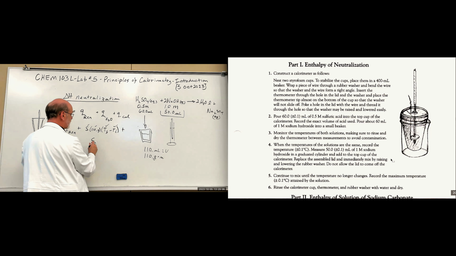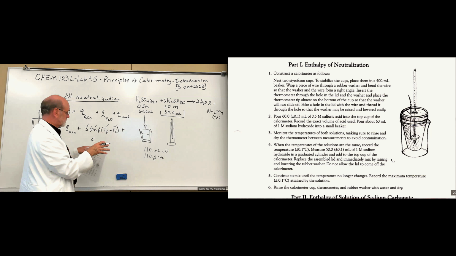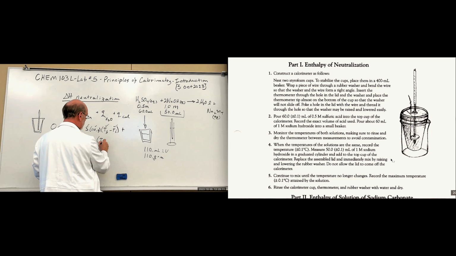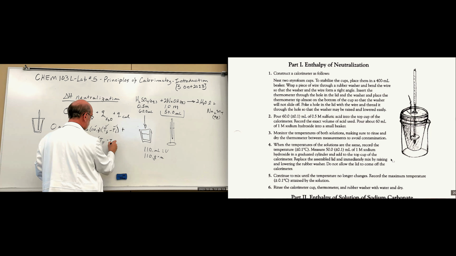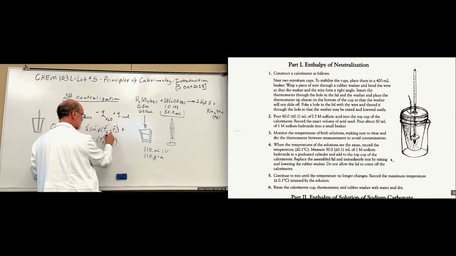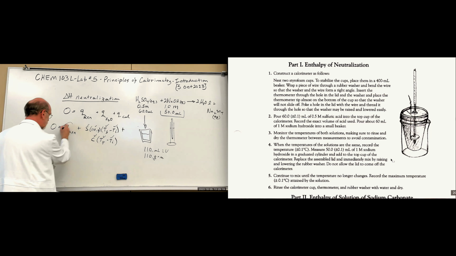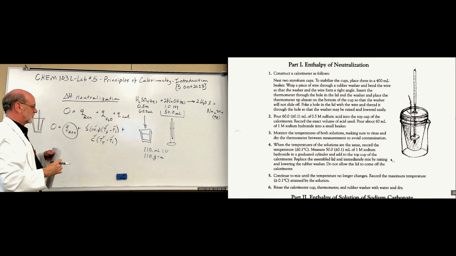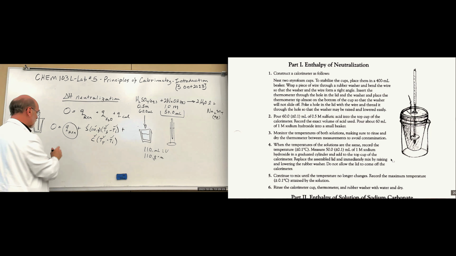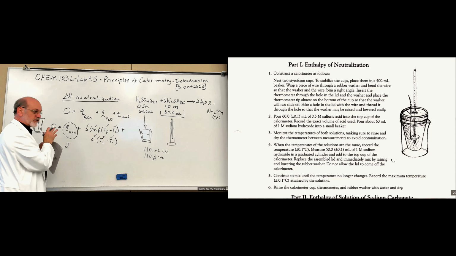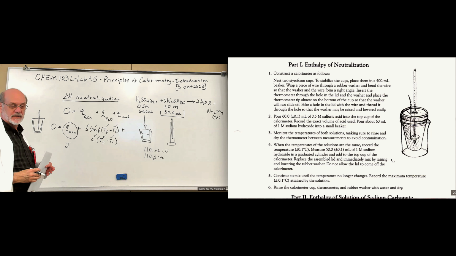We have the C value that we calculated before. And then we have the final and initial temperature, which is going to be exactly the same as these two. Right, so we know all those terms. This is the one, Q of the reaction. And this is going to be in joules, just joules, Q of the reaction.